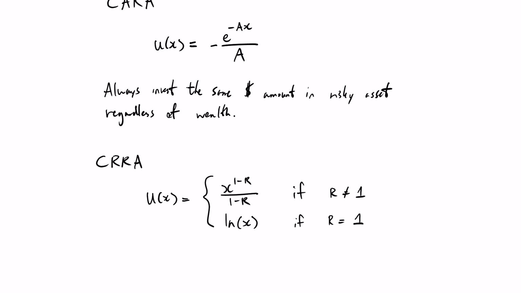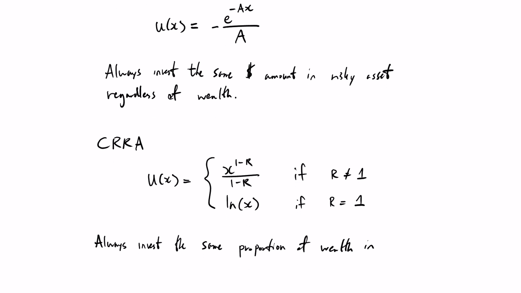Basically, you can derive that by integrating the first derivative. The first derivative and the second derivative are what we really want. So by integrating the first derivative, that's what you get. This means always invest the same proportion of wealth in the risky asset.